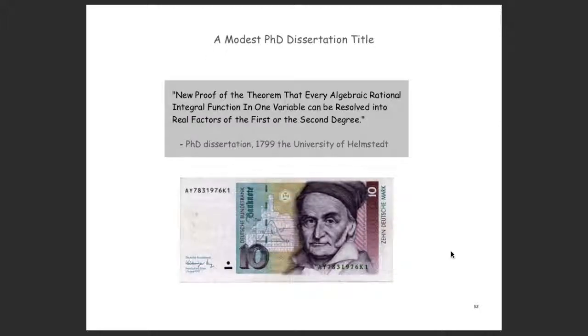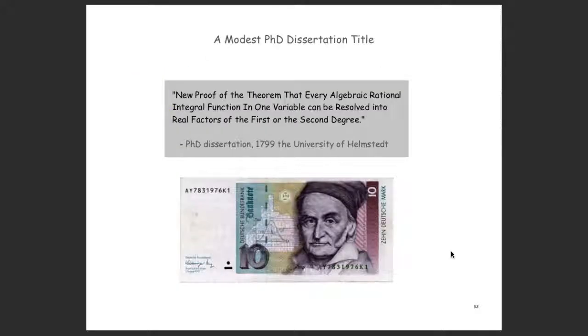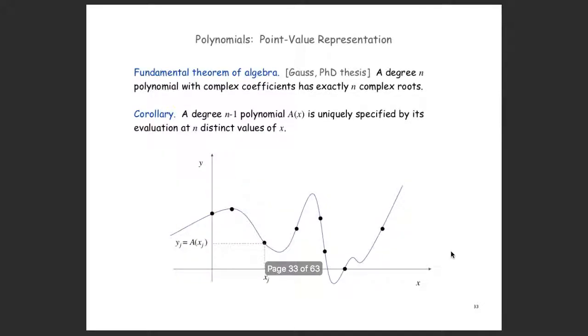There is another thing proved in Gauss's PhD thesis, right? Gauss is one of those guys who is a genius and, for some reason, we all decided that he was a genius, and so now we say all the cool things that he did, right?